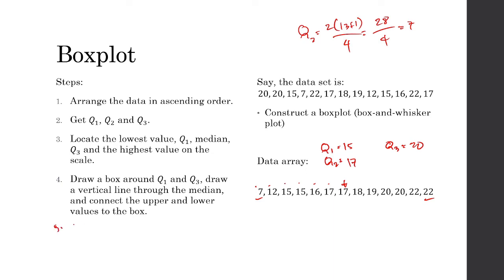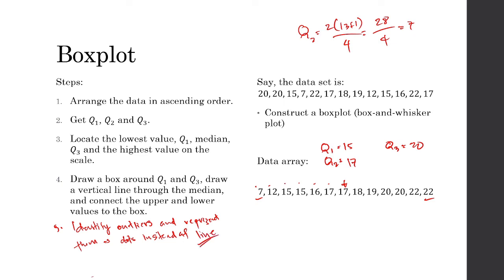So, in this fifth step, we need to identify outliers and represent them as dots instead of line.